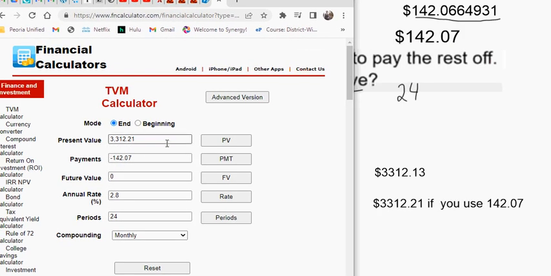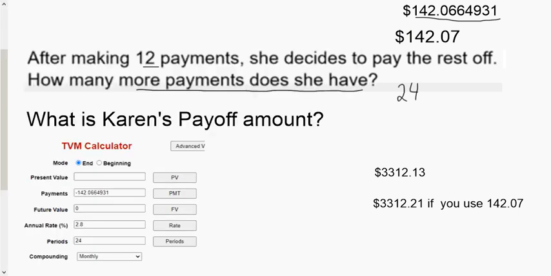Basically, that means after 12 months, when you still have 24 payments left, this is how much you still owe on your loan. Okay, that's what that number means. All right, let's keep going.